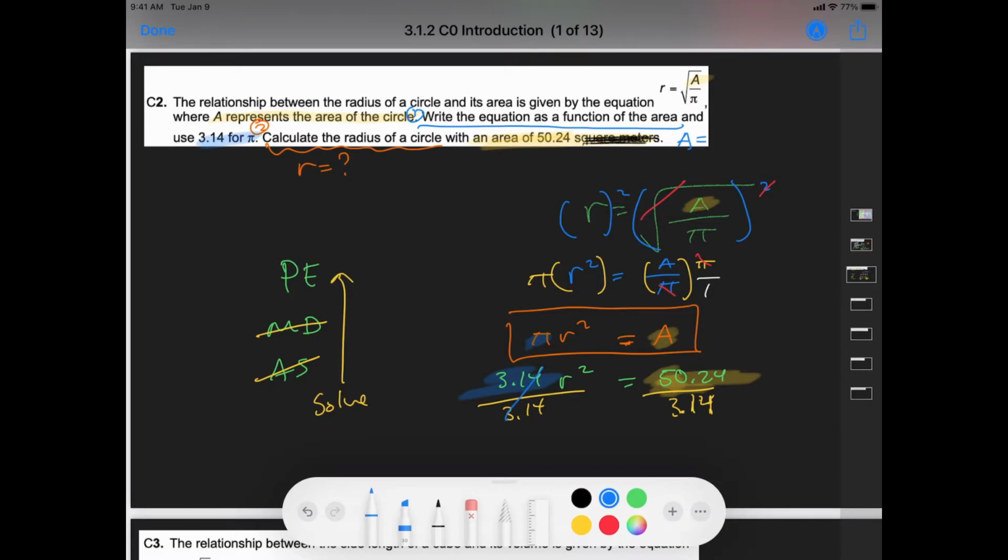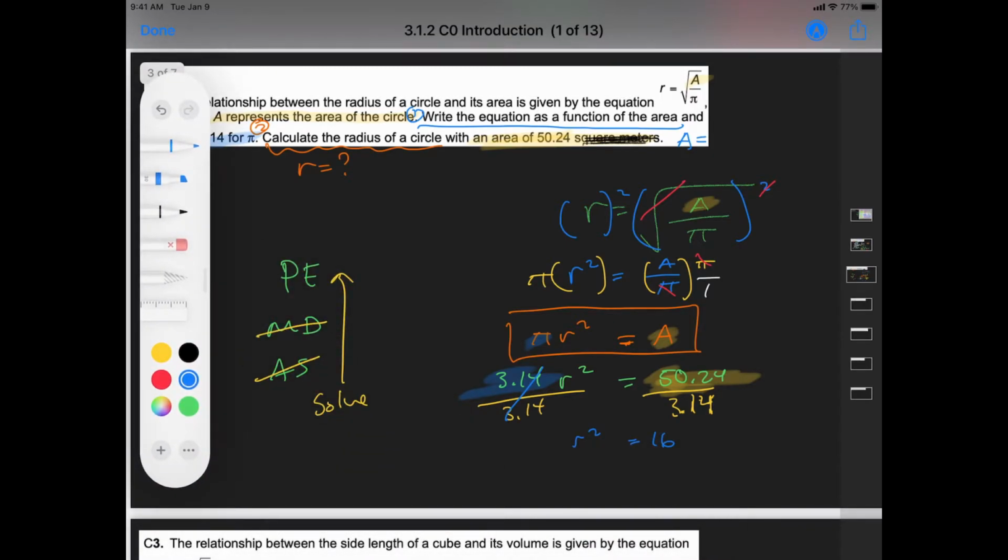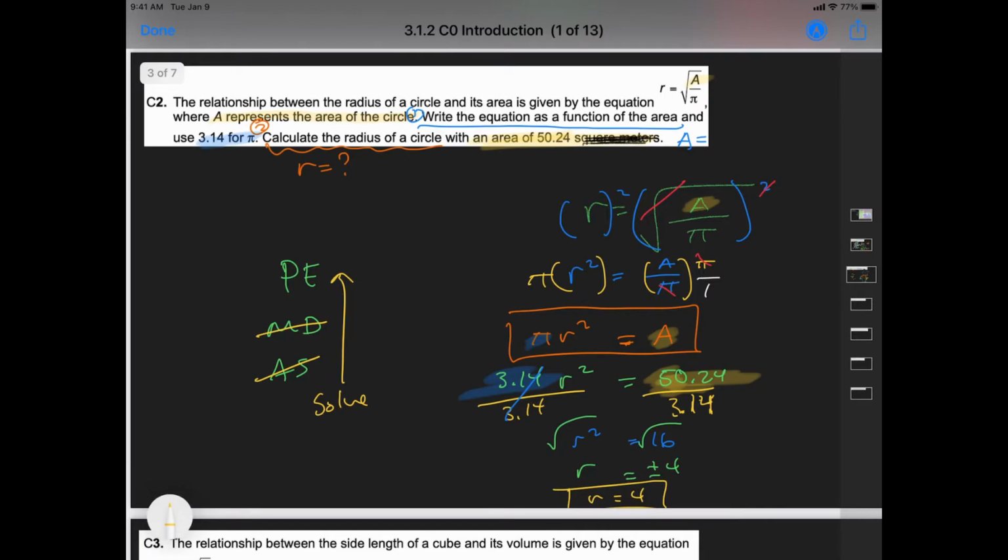So R squared equals 16. And then basically, you're going to get rid of that by taking the square root. And some good math here is that it's actually equal to plus or minus 4. But r is radius, it's a distance, so it's really just r equals 4. Okay? So, calculate the radius of a circle. We did that by solving for r. I solved for the formula there, and that's our answer.